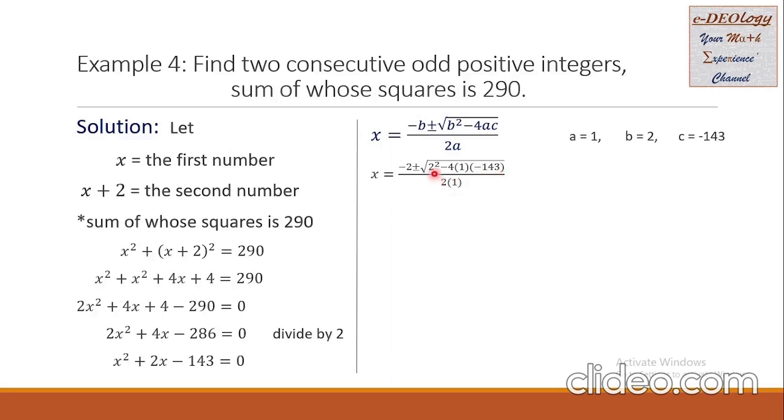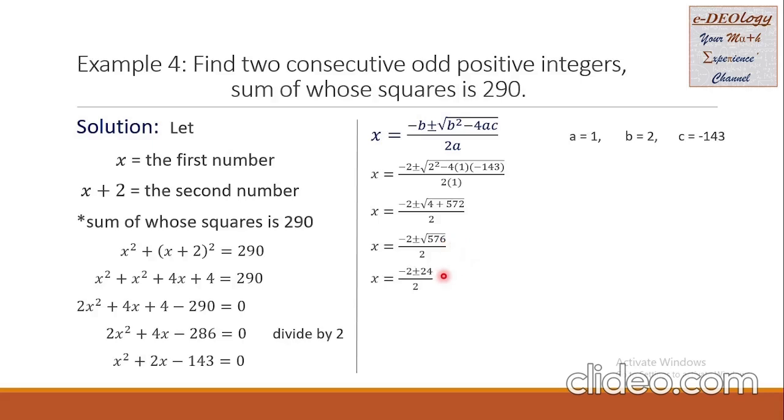We simplify the radicand. The 2 squared will be 4. Negative 4 times 1 times negative 143 is positive 572. When added to 4, we have 576. Let us simplify the square root of 576, and that is 24.